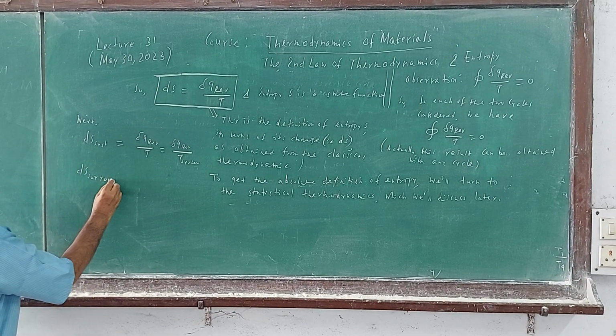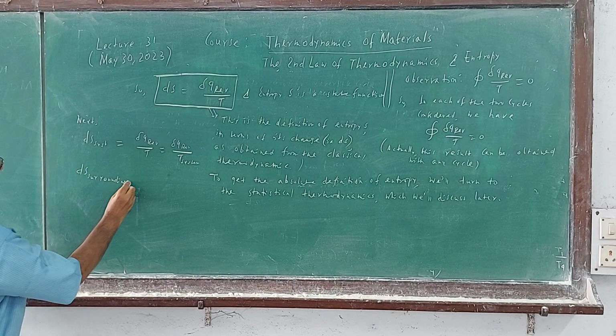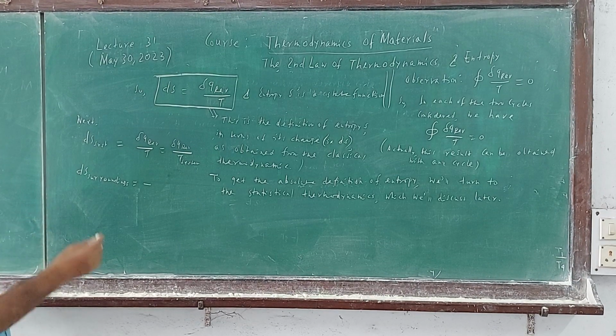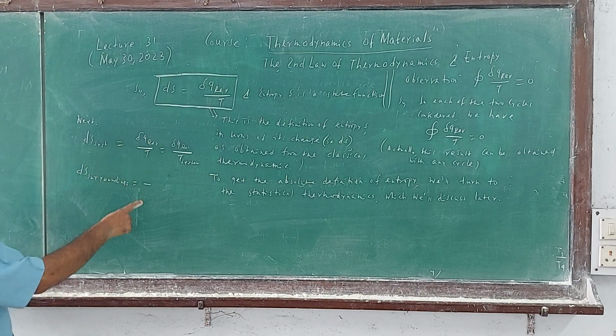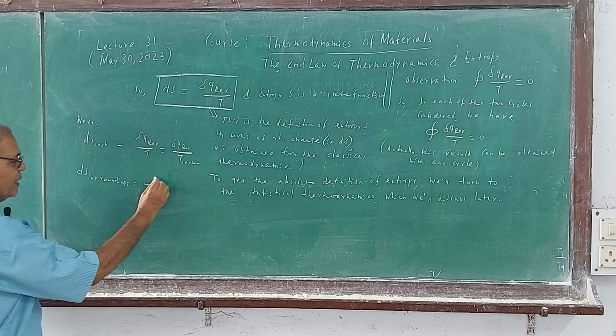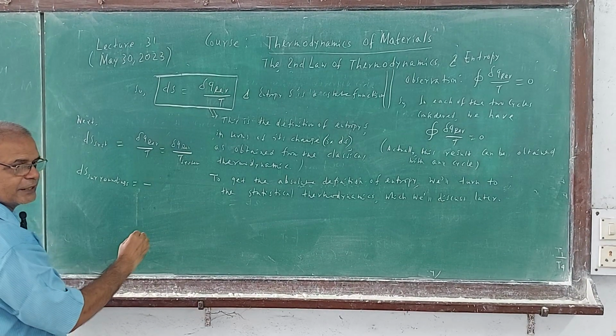dS surroundings is what? Remember, minus. When the system absorbs heat, that means the surroundings reject that heat. The surroundings give that heat, so they lose it. So opposite sign always. If it gains, it loses. If it loses, it gains. So what is it? Minus. That's why minus, opposite sign.